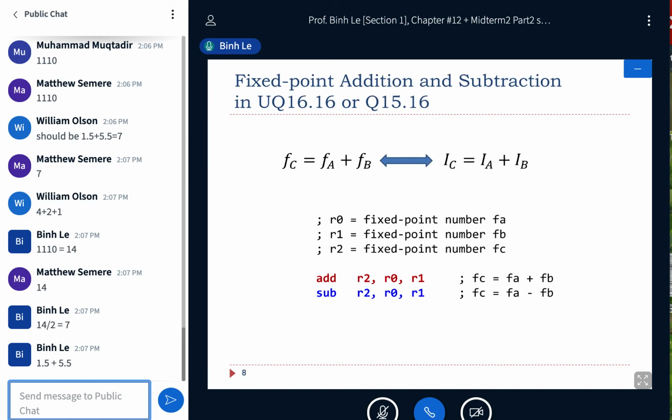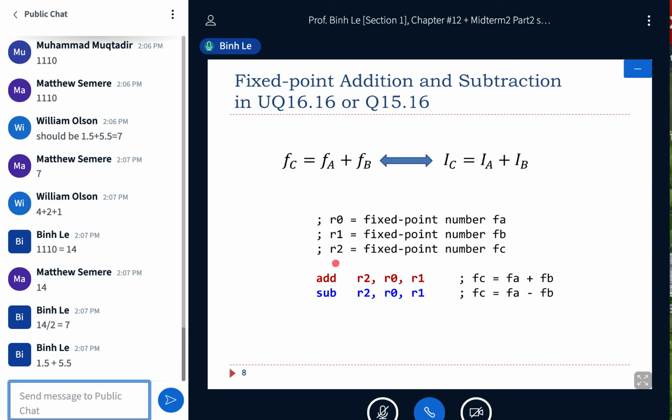In fact, in C, when you declare these, you declare them to be integers, actually 8-bit integers. So from now on, say R0 stores a fixed point number FA, and R1 stores a fixed point number FB.